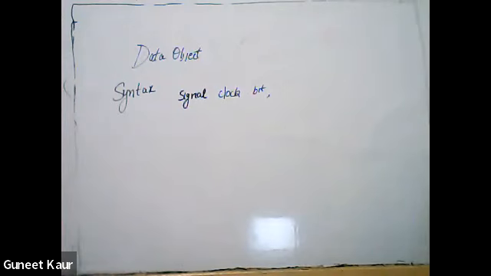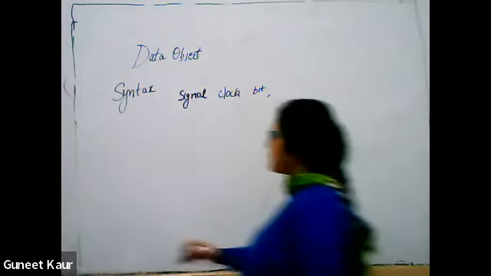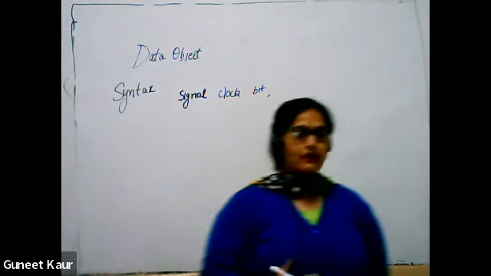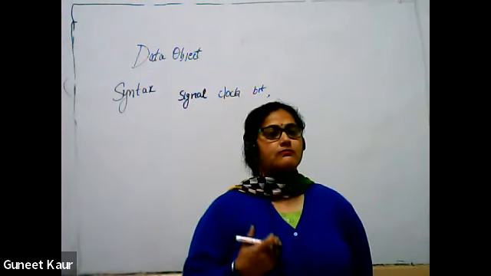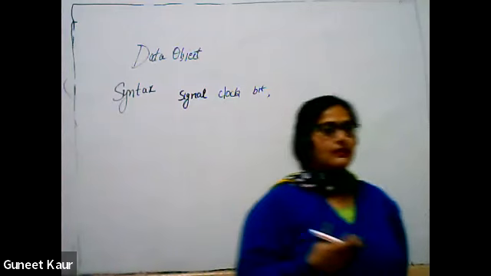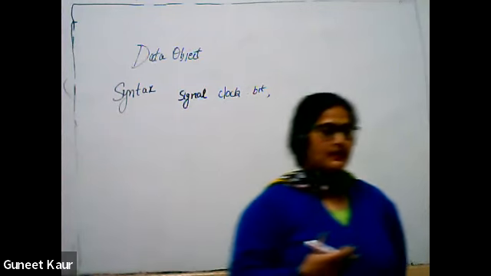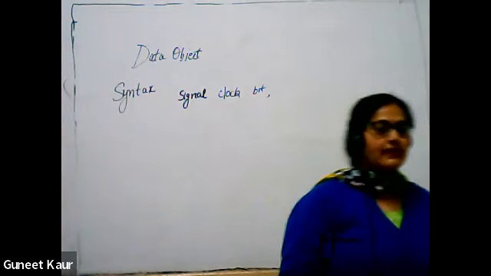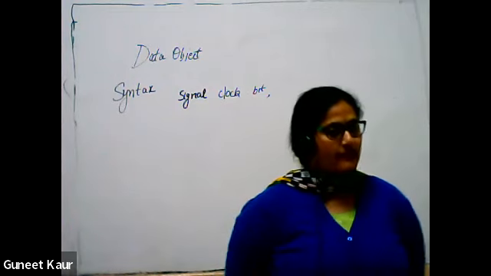So a data object is a named item in a VHDL model that has a value of a specified type. Now further, we can divide the object. There are 4 types of data objects.